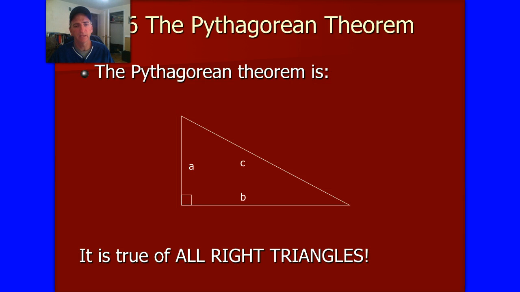It looks like this: a squared plus b squared is equal to c squared. That's true of any right triangle. Always. Every right triangle makes that true. So that means that if you know the lengths of two of the sides, you can always find the other one. That's what's nice about this.